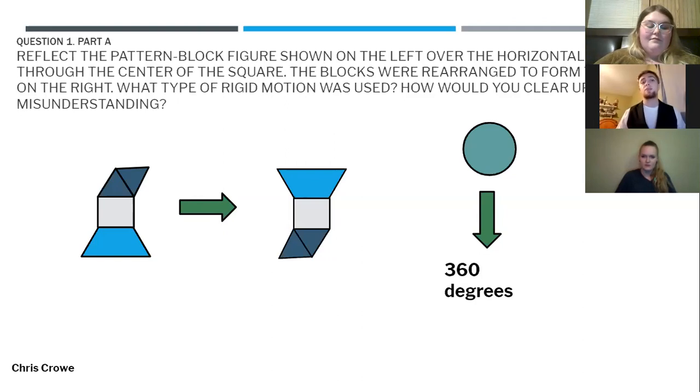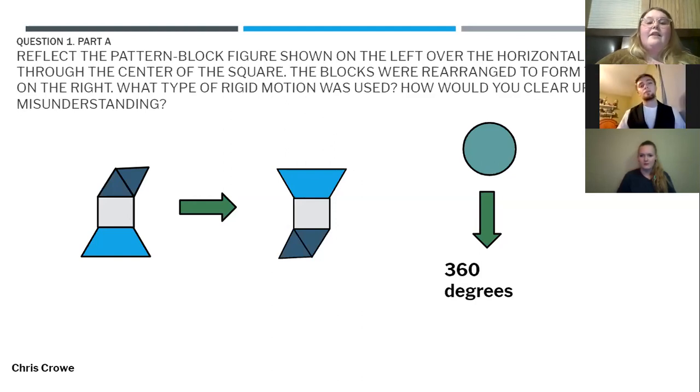The figure has been rotated 180 degrees of those 360, so half of the circle. That's how you understand it's a rotation, because it's only been turned a certain amount, whereas a reflection is going to be the original figure staring back at the original figure, in the opposite orientation, not vertically, but horizontally.